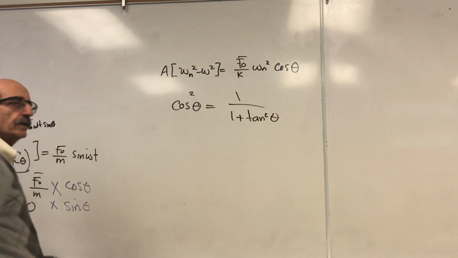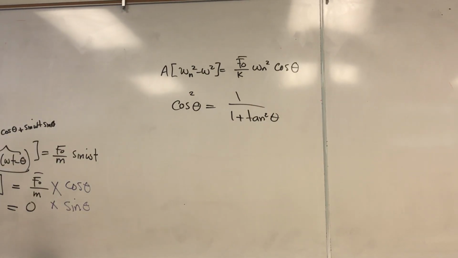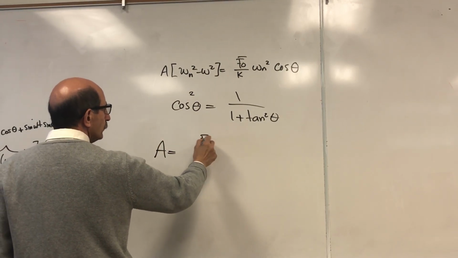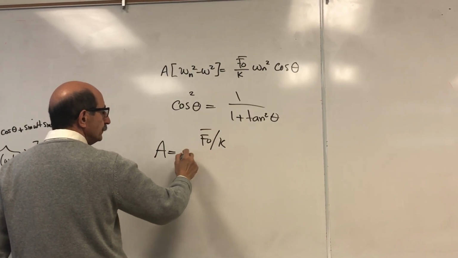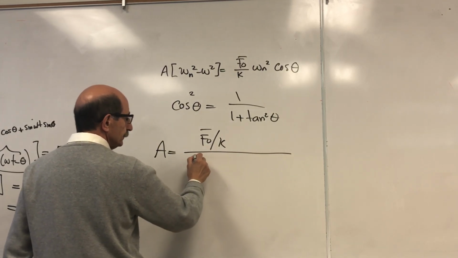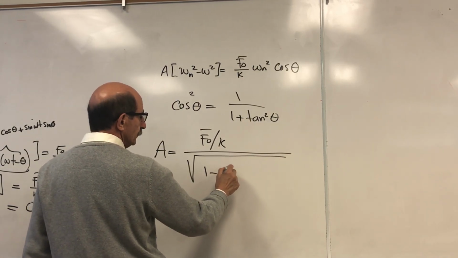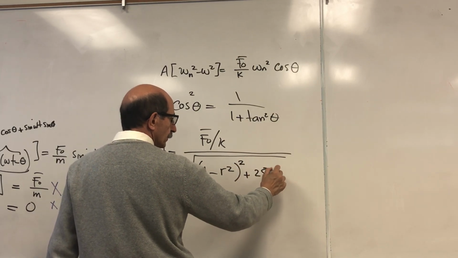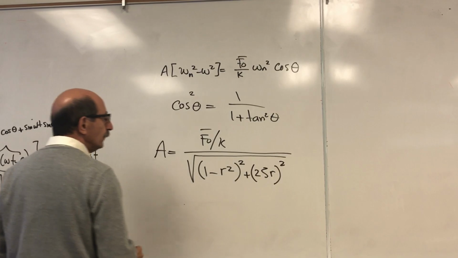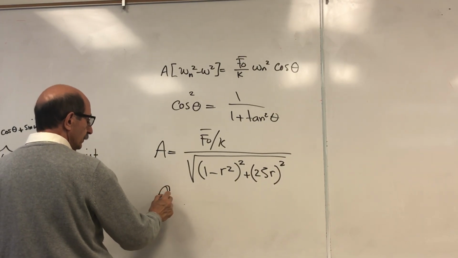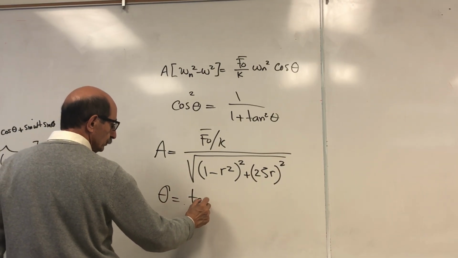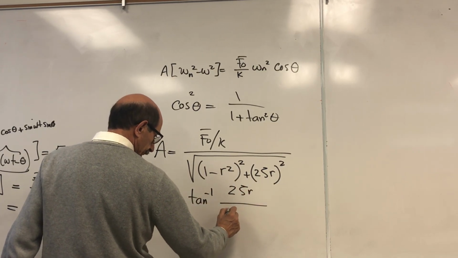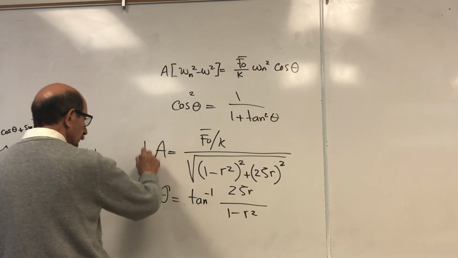So you do some algebraic operations, and you will see that A will end up being this expression. And you find theta, you see that theta would be the arctangent of 2 zeta r over 1 minus r squared.